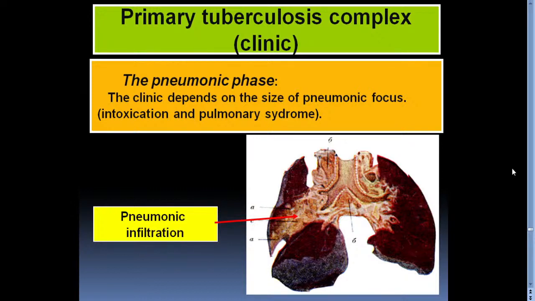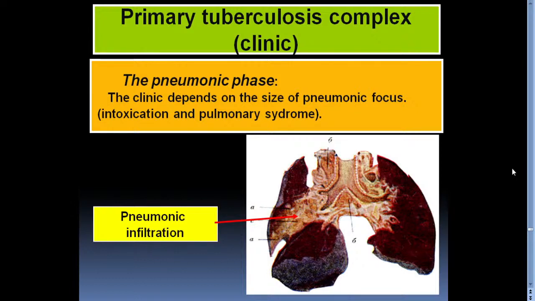That's why in the pneumonic phase, intoxication and pulmonary syndrome prevail. And the clinic depends on the size of the pneumonic focus. If the pneumonic focus is large, the clinic will be more severe. If the affection is small, the clinic can be absent.